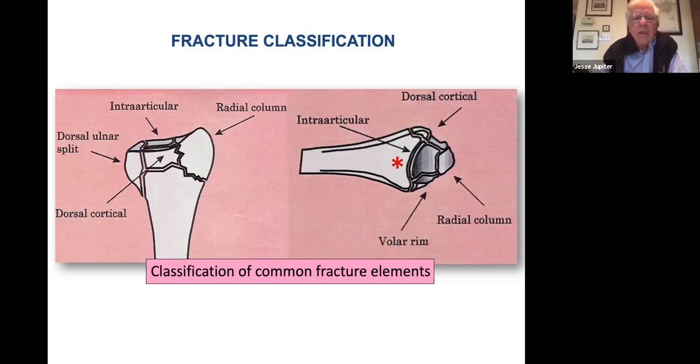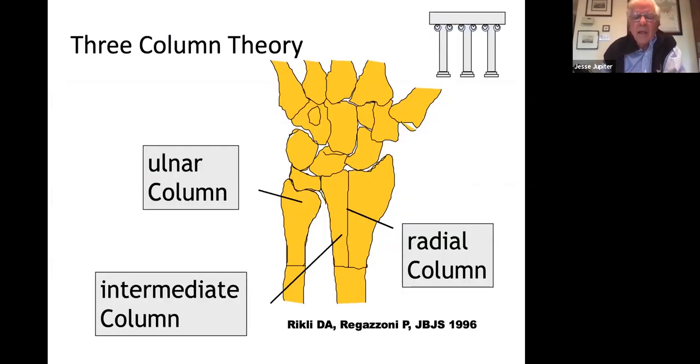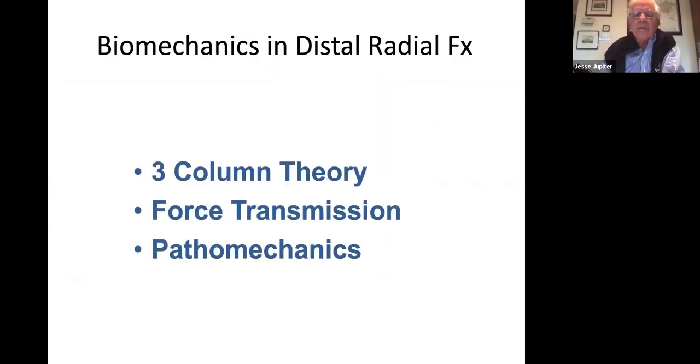And we'll look at that, and the column may be the radial column, intermediate column, and ulnar column, with the intermediate column being the support of the lunate per se.